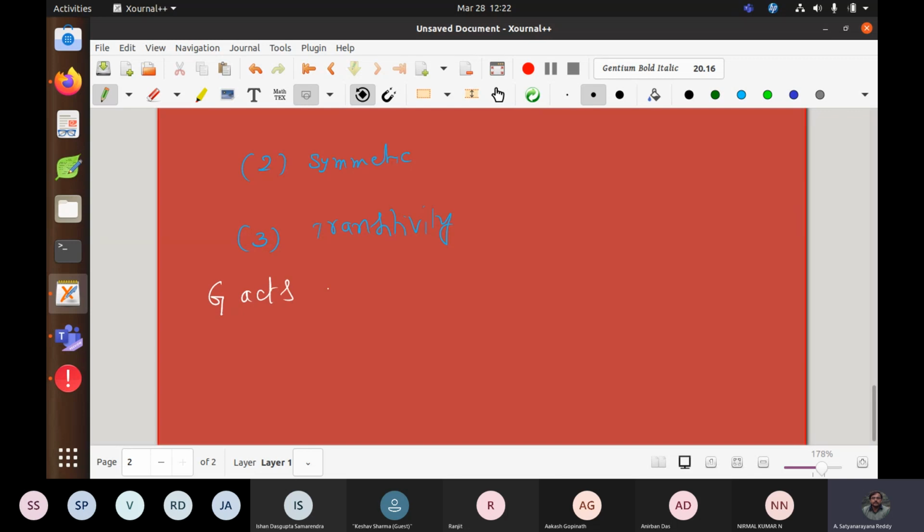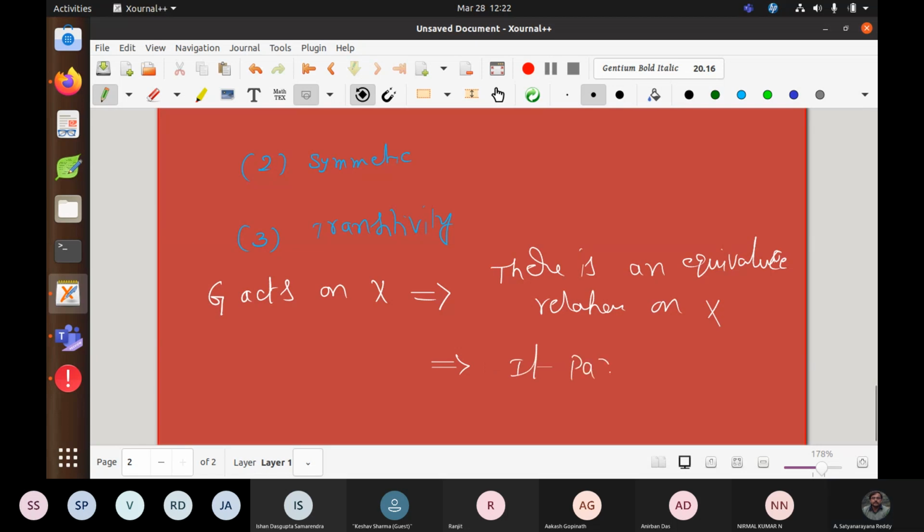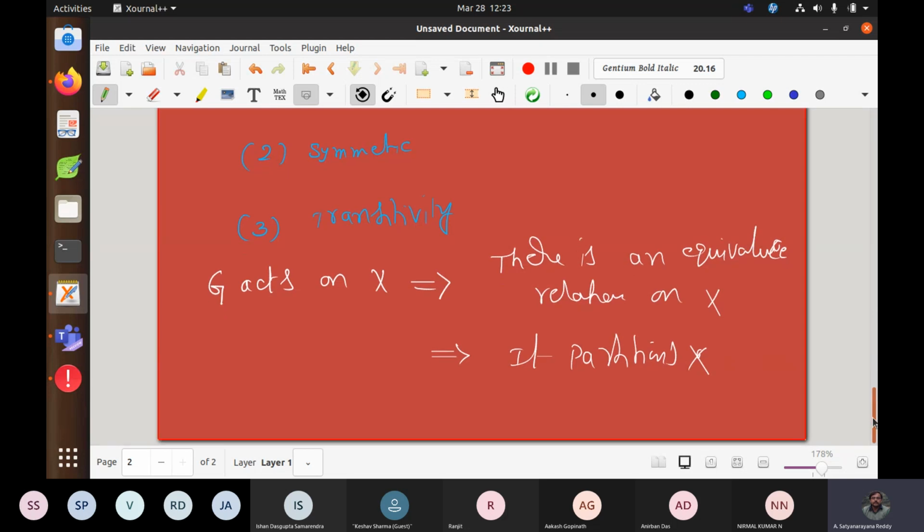G acts on X implies there is an equivalence relation on X, and that implies it partitions X. So X is equal to a union of equivalence classes.